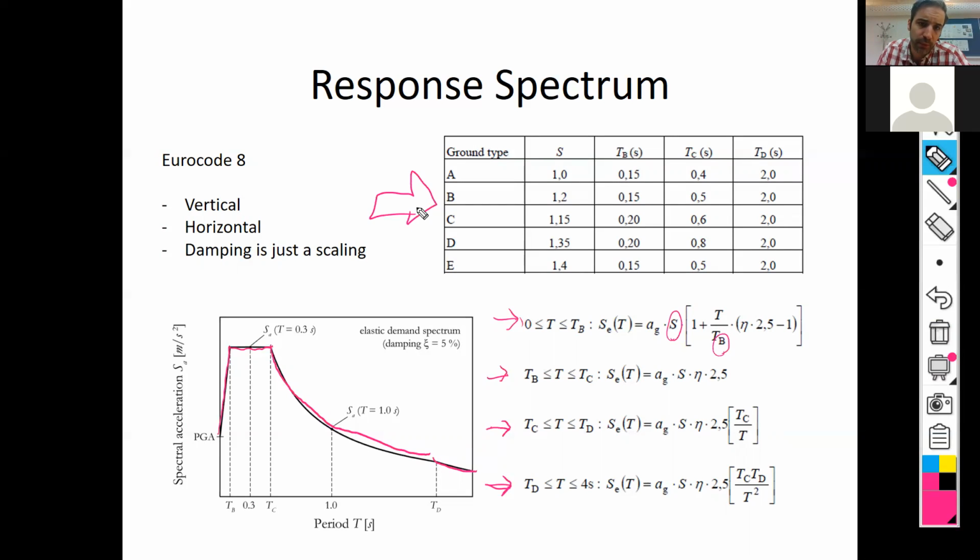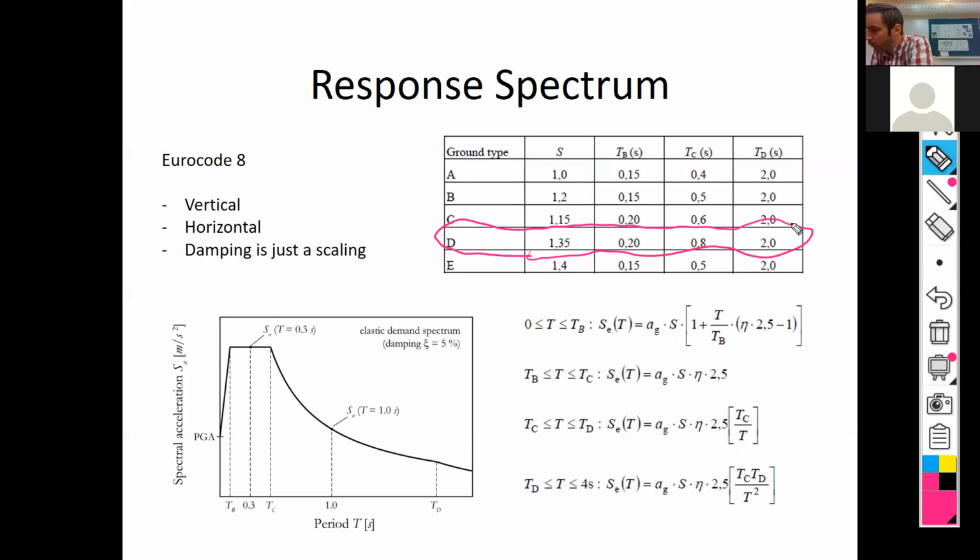So once you know the type of soil that you're working on, you can read the relevant values from this table. Oops. And once you input those values into these equations here, you will obtain the actual shape of your response spectrum that you have to use for designing your structure.